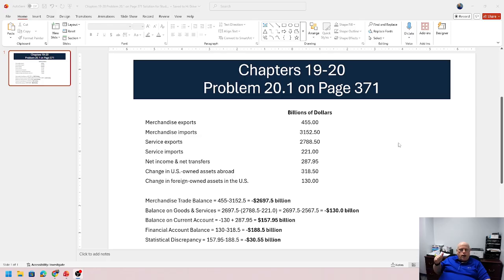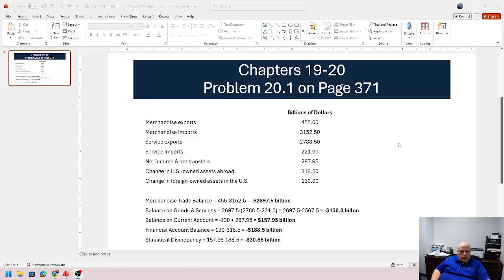And then the last value that it wanted you to get was statistical discrepancy, which is the balance on current account plus the financial account balance.